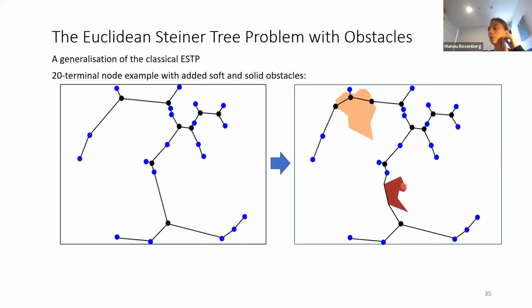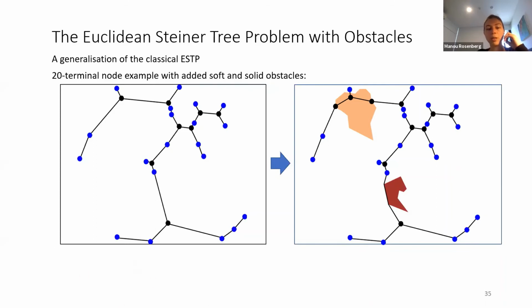Then if we consider those solid obstacles and the soft obstacles, the Steiner minimum solution might be tortured in those parts. So we have more points, which we call obstacle corner points, but you could consider them as Steiner nodes as well. But we distinguish between them in our approach.